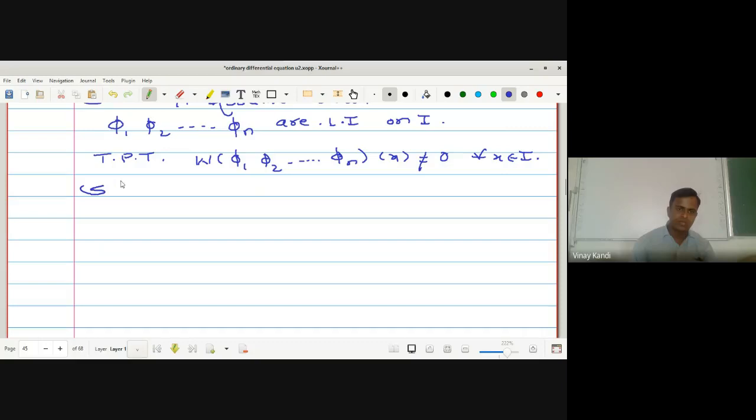We have to prove this for all x belongs to I, the Wronskian is not equal to 0.